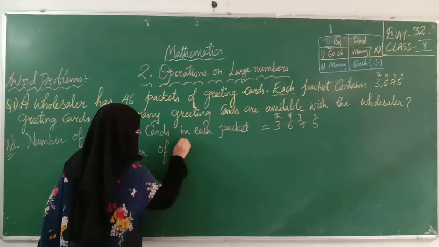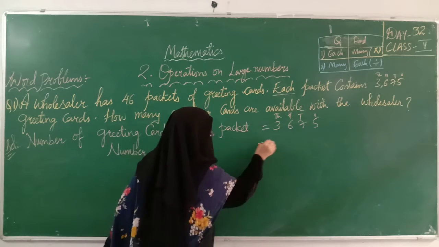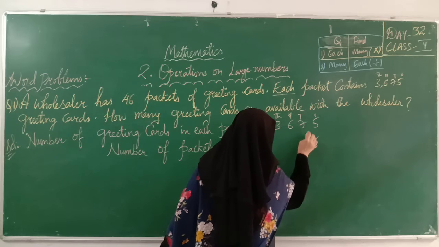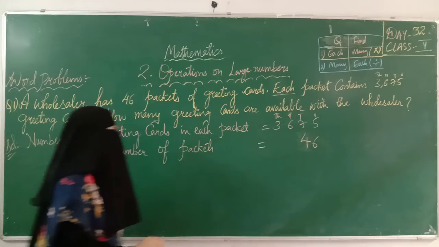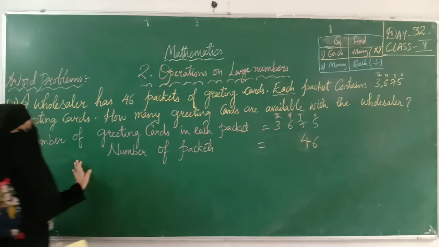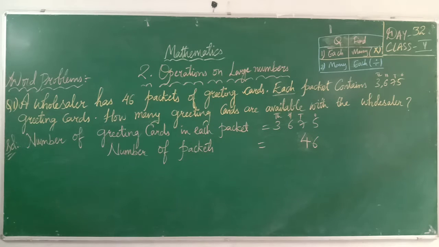How many packets are here? 46, right? 46 packets. Total number of greeting cards in each packet is 3,675. Number of packets are 46. Okay. Now we are starting our multiplication. We have to find the product of 3,675 and 46.